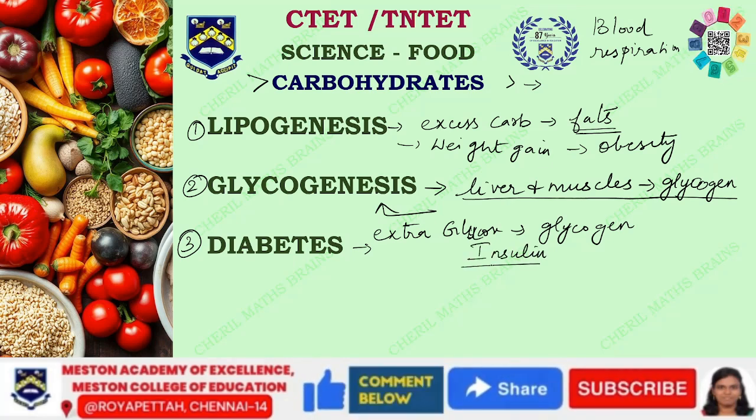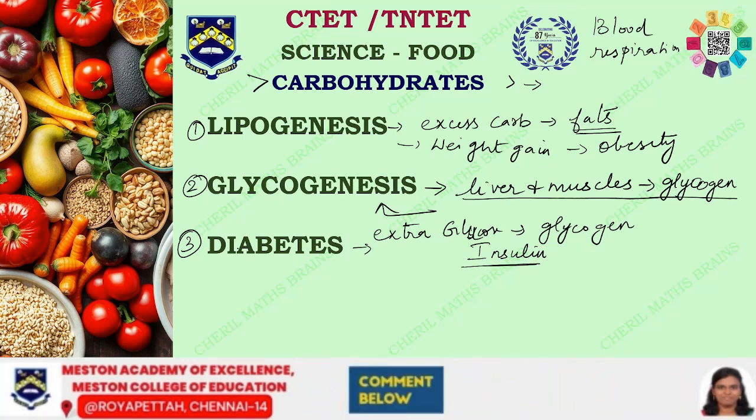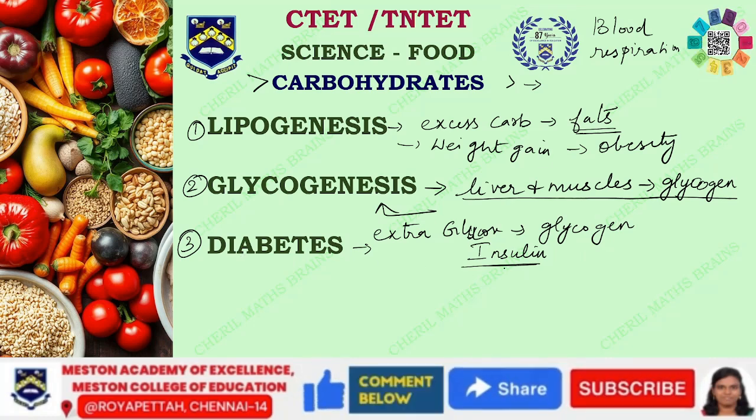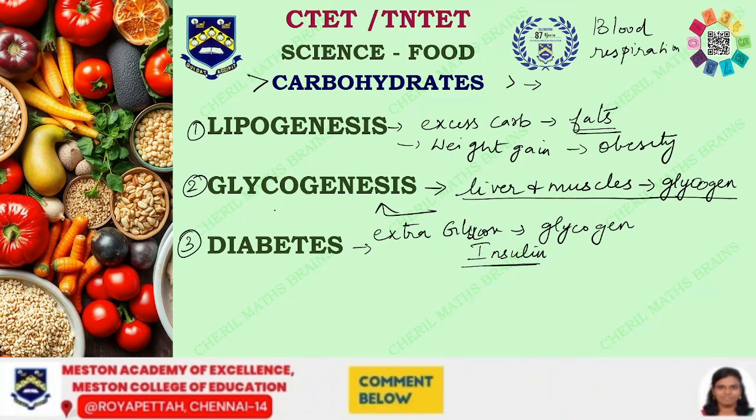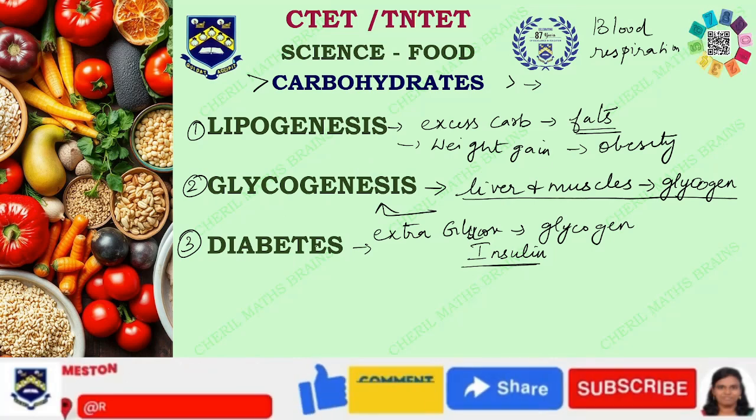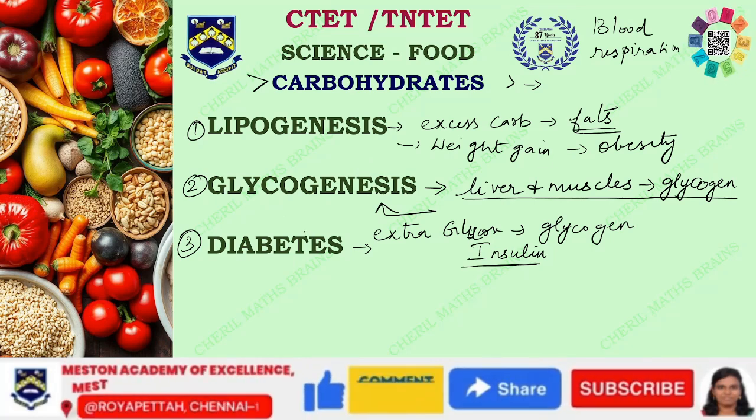When the insulin is not able to convert, when there is deficiency, then it can lead to diabetes. That is when people start injecting insulin. So these are three conditions: lipogenesis, glycogenesis, and diabetes. These three you will have to remember. You need to know where what is stored. If you have any doubt, please get back and listen to it again.